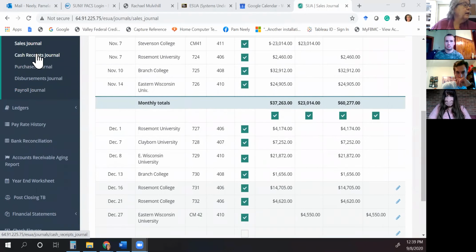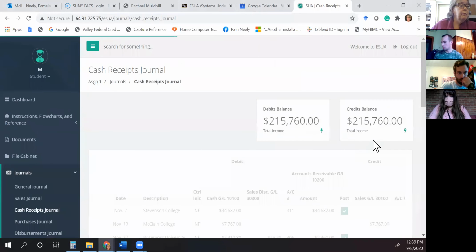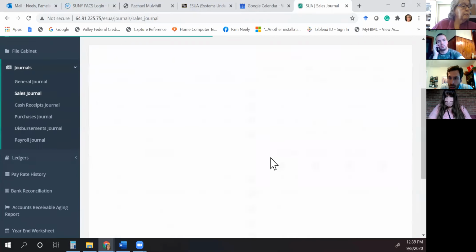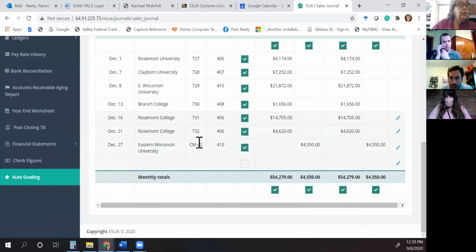All right, now let's take a look at the cash receipts journal. Wait, Professor, can you go back real quick? Sure. I didn't see that CM42. Right here in the invoice column, instead of having an invoice number for the return, we have a credit memo number. Okay. And is 42 just the regular number for it?